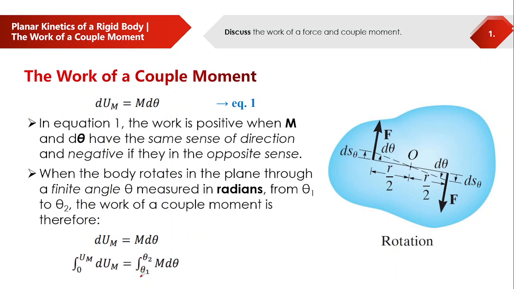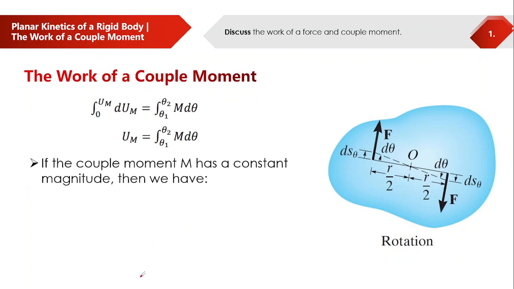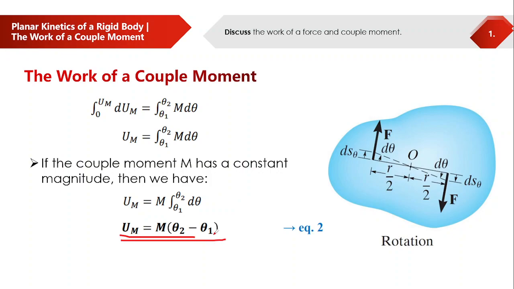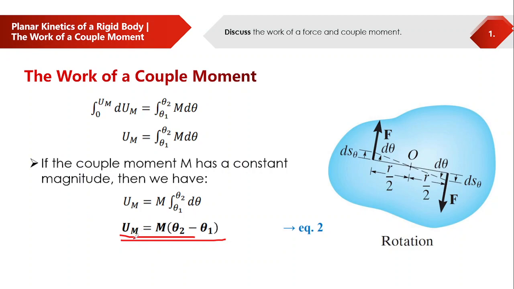If the couple moment M has a constant magnitude, we can take it out of the integral. Therefore, the work of a couple moment equals the moment times the difference of theta sub 2 and theta sub 1. This is the formula to find the work of the moment. So that's how you solve the work of a couple moment.